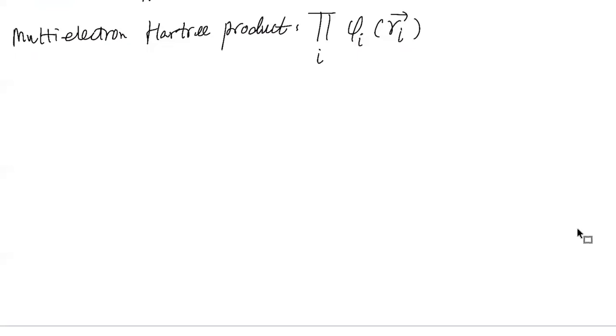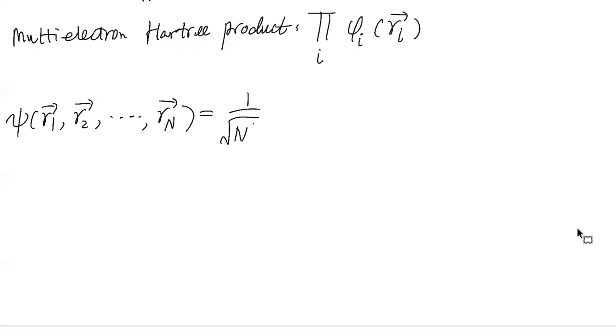Slater said that for a multi-electron wave function, in the independent picture, because the Hartree product is really for the independent picture, this many particle wave function or many particle product form is 1 over square root n factorial, n is the number of electrons you have. 1 over square root n factorial is the normalization constant.